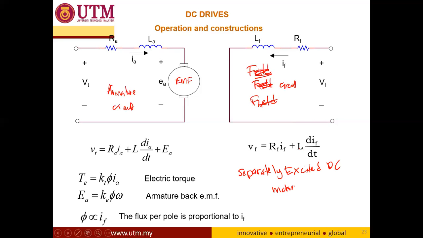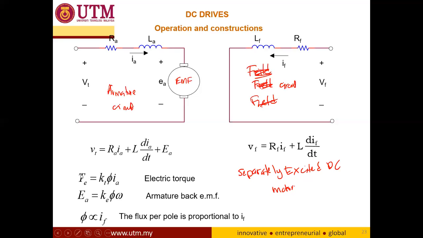We have series DC motor, shunt DC motor, compound DC motor, and separately excited DC motor. The separately excited DC motor is the easiest DC motor type to control. So that's why we choose this motor to be used in our analysis.